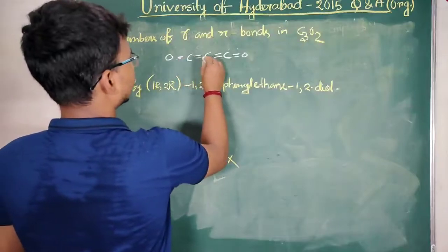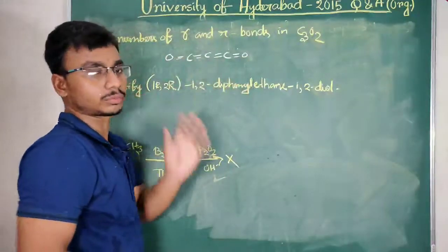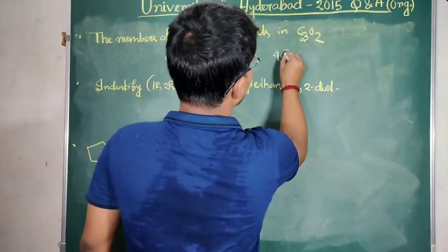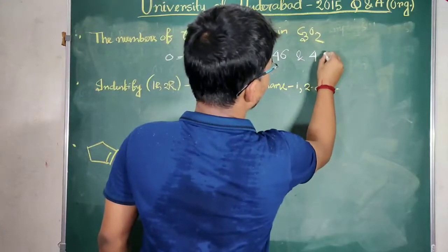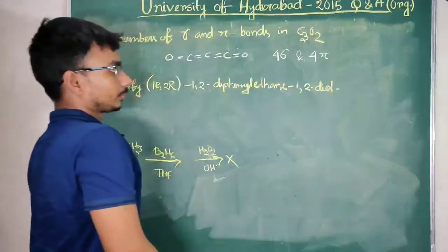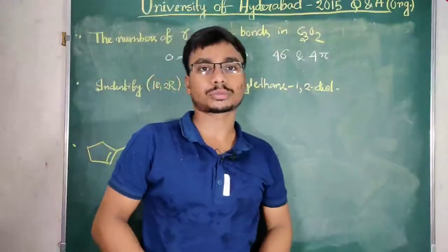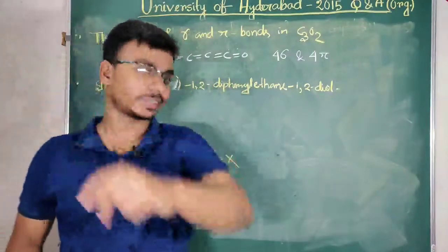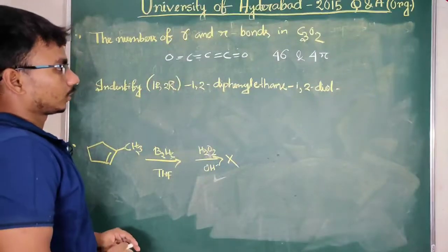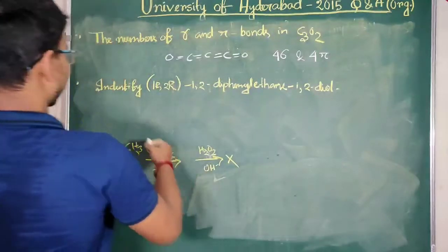So 1, 2, 3, 4 and 1, 2, 3, 4: 4 sigma and 4 pi. So you can go through the NCERT questions of 11, 12 and IIT JEE questions.